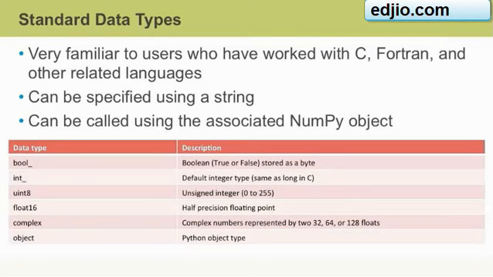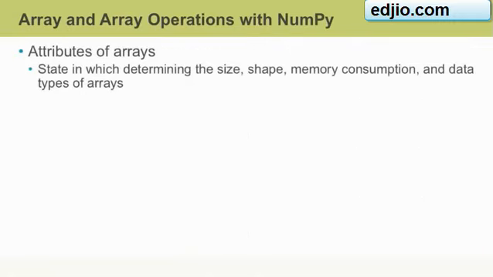Now, taking a look at NumPy array operations, we have the option of obtaining ndarray object attributes such as the number of axes or dimensions of the array, thus determining the array's rank. The shape of the array, which indicates the number of rows and columns in the array, the size of the array, which indicates the total number of elements in the array, the type of elements in the array, and the size in bytes of each element in the array, thus indicating the array's memory consumption.